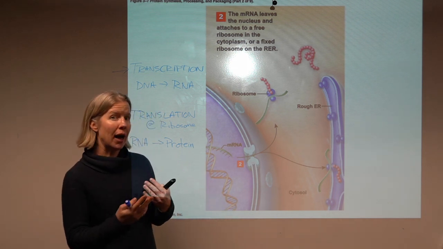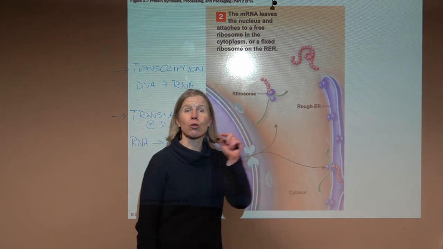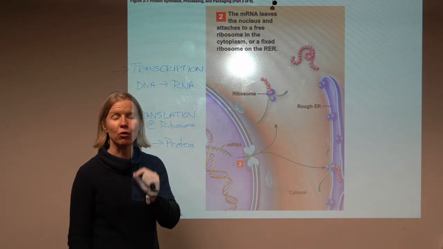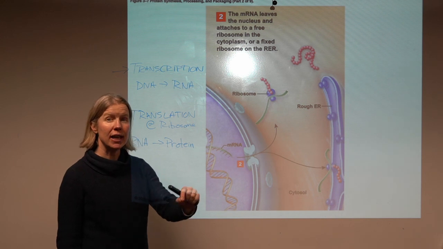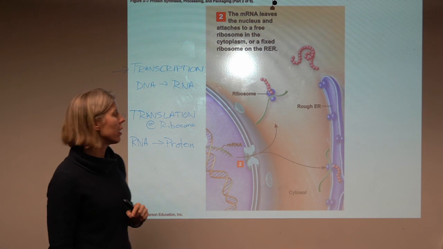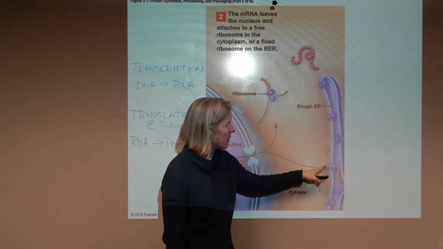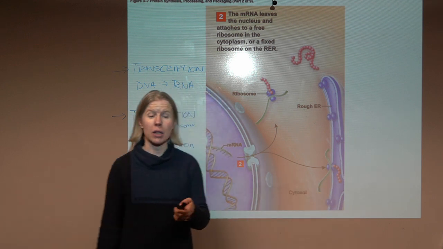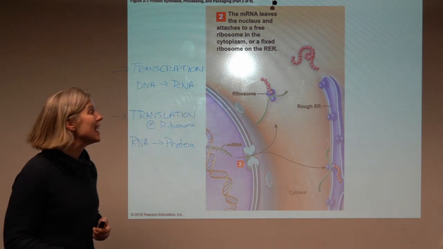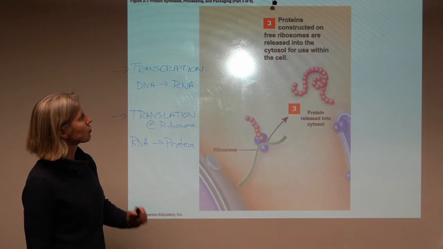If it's meant for packaging and export, typically that is going to take place on what we call the rough ER, the rough endoplasmic reticulum. This is endoplasmic reticulum that is studded with these ribosomes. And so here we see messenger RNA that has come to that ribosome, and we see the polypeptide chain being built inside of the endoplasmic reticulum.